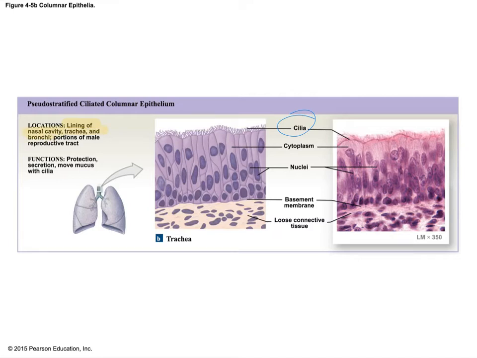So those will be part of the respiratory system. Those are all lined with cilia to help sweep away debris so it doesn't get into the body. It's also in portions of the male reproductive tract. So functions would be to protect, secrete, like secrete mucus, and then to move that mucus away and other stuff with the cilia.